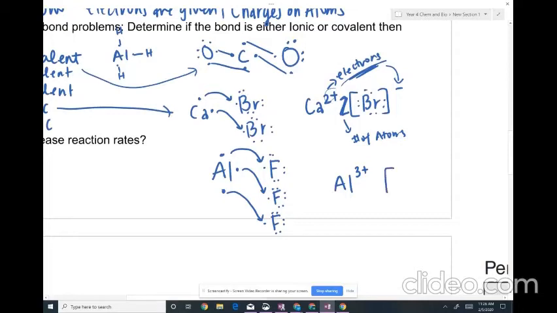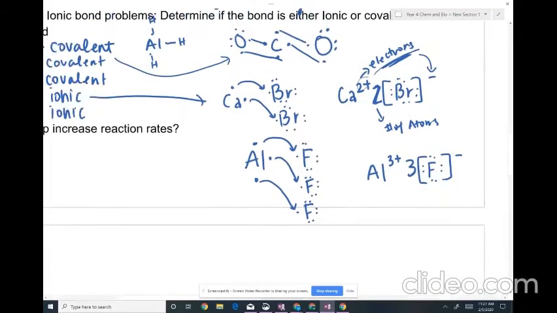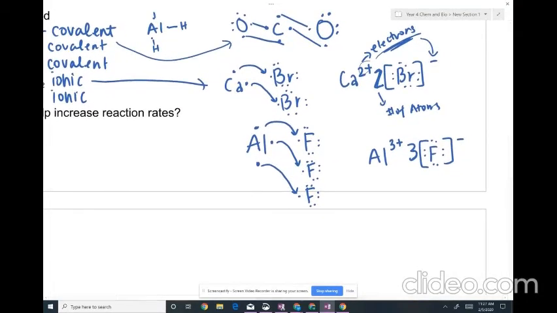And then I have my fluorines that are now my happy 8 electron fluorines. Each of them has a negative charge, but there are 3 of them. So I'm going to go 3 fluorines that are negative. So that is what you guys write on there. So remember this right here, number of atoms, this right here are going to be your electrons.